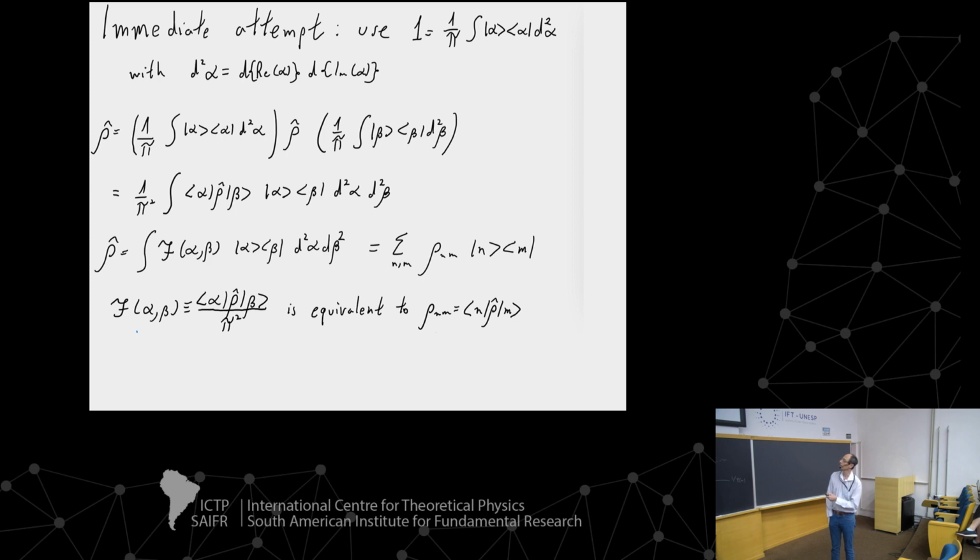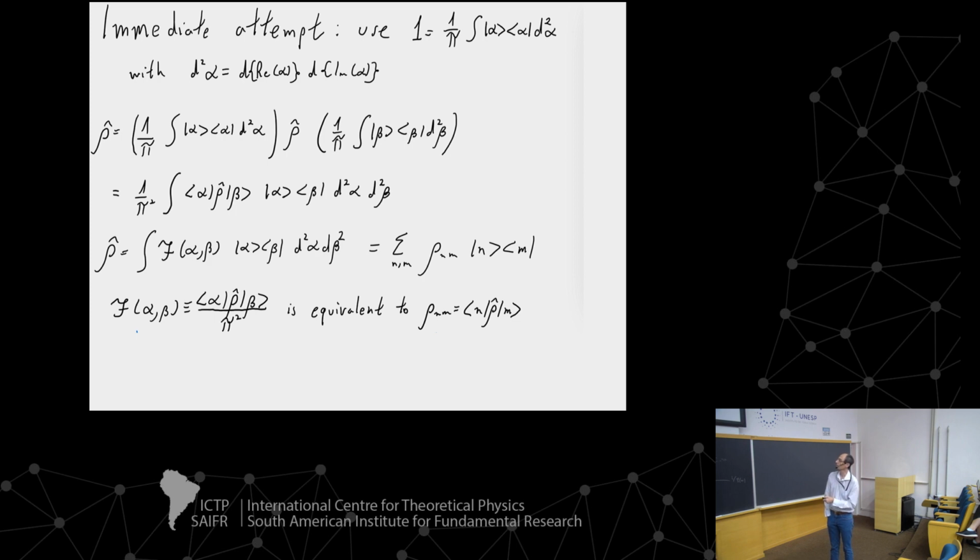So we have a 4-dimensional integral, a function of alpha and beta, and a projector. That should represent the same state as the projector of state N onto state M, with a given complex weight in front.